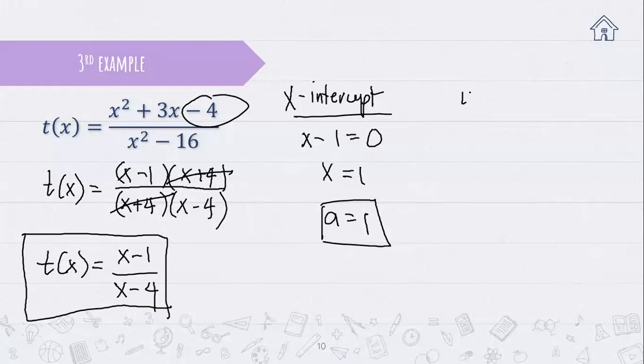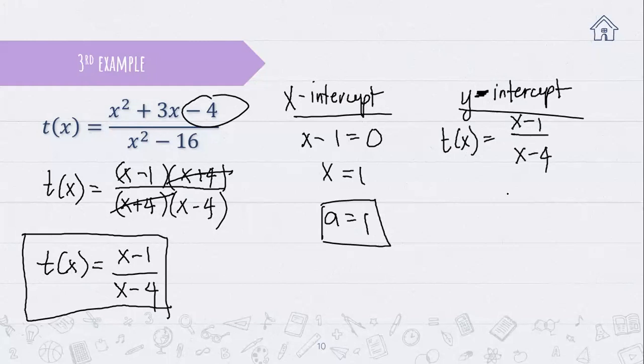How about y-intercept? Y-intercept. So, ang y-intercept natin is simply substituting our x with 0. So, x minus 1 over x minus 4. Yung x going 0, so t of 0 is equal to 0 minus 1 over 0 minus 4. O, cancel na rin to.